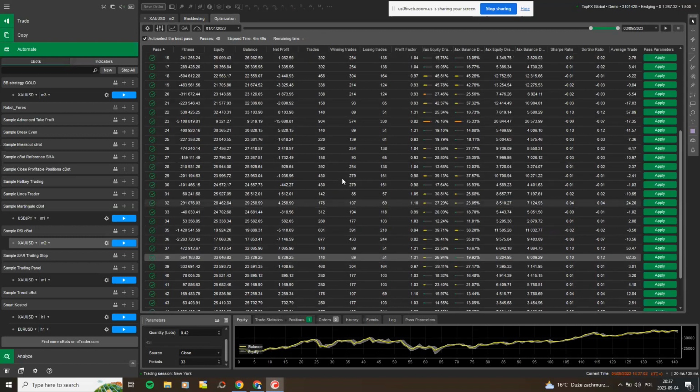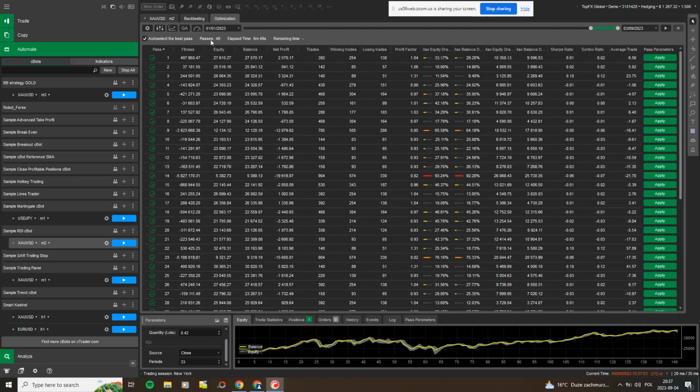And now our strategy has been optimized to the beginning of the year. So it was optimized 9 months back with certain criteria, which are maximize net profit, minimize equity drawdown, and maximize winning trades.